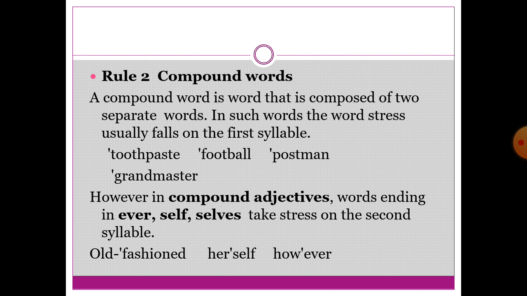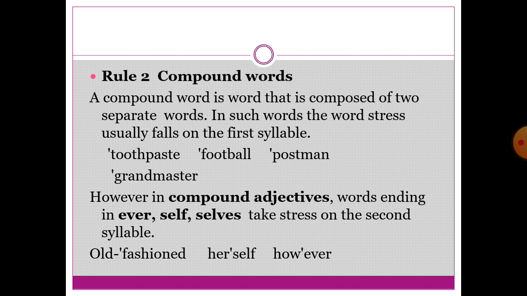Old is one syllable and fashioned is another word. So it takes stress on the second part of the word, old fashioned. Fashioned is the second part and it is stressed.